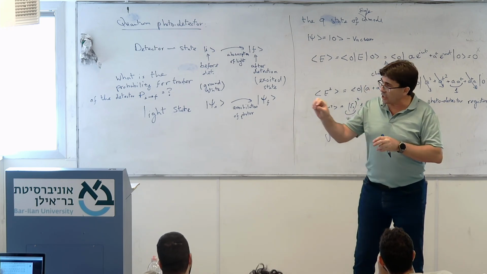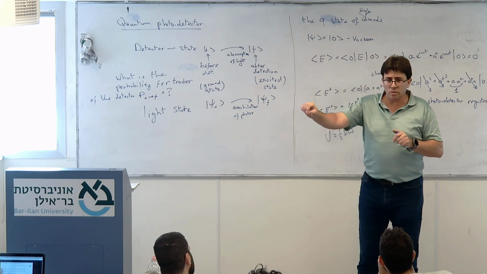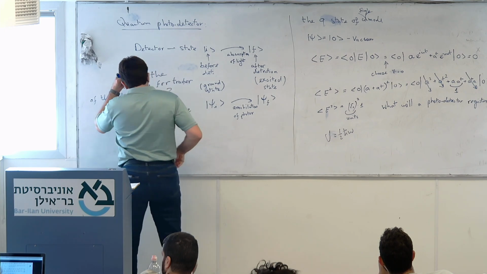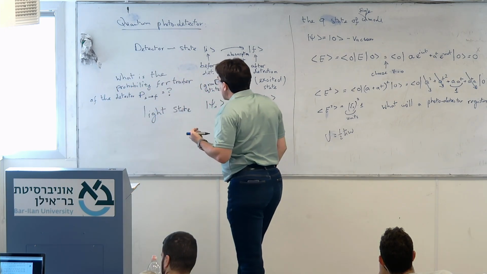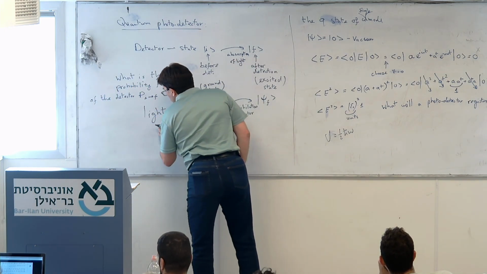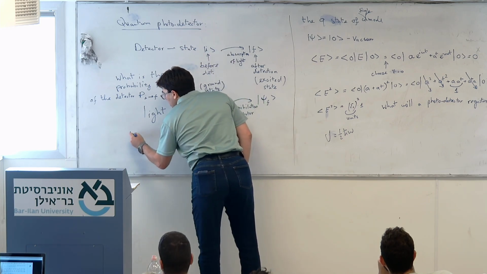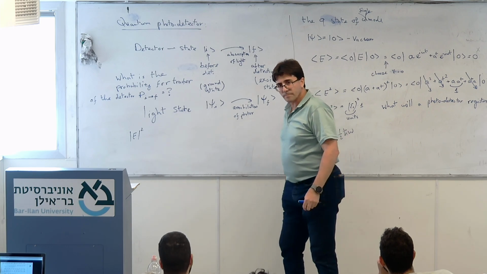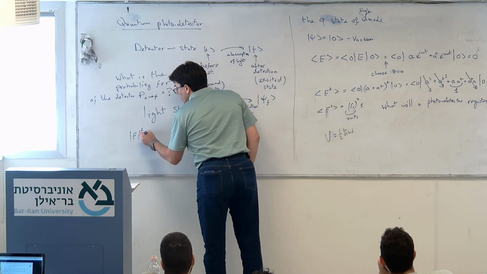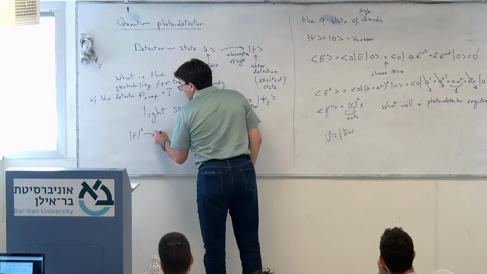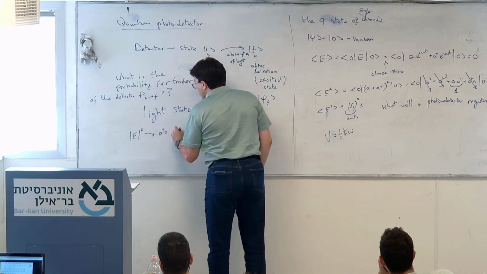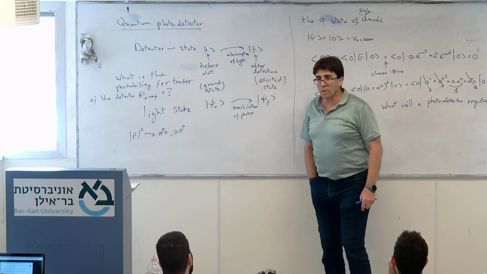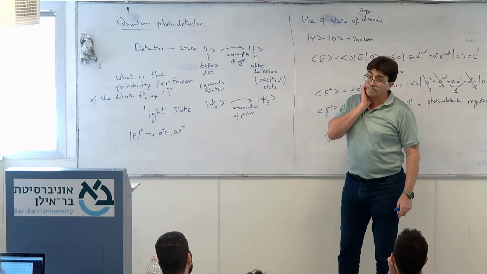Right? I put a detector here, it will respond if the field here is non-zero. So I'm looking for something that would look like this. But quantum mechanically, this can be either A dagger A or A A dagger. They're not the same. So the question is, which one of them should I use?